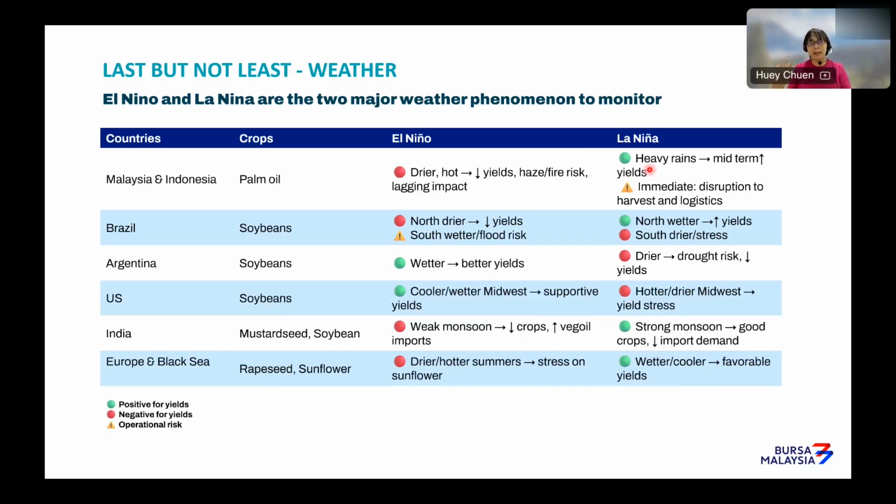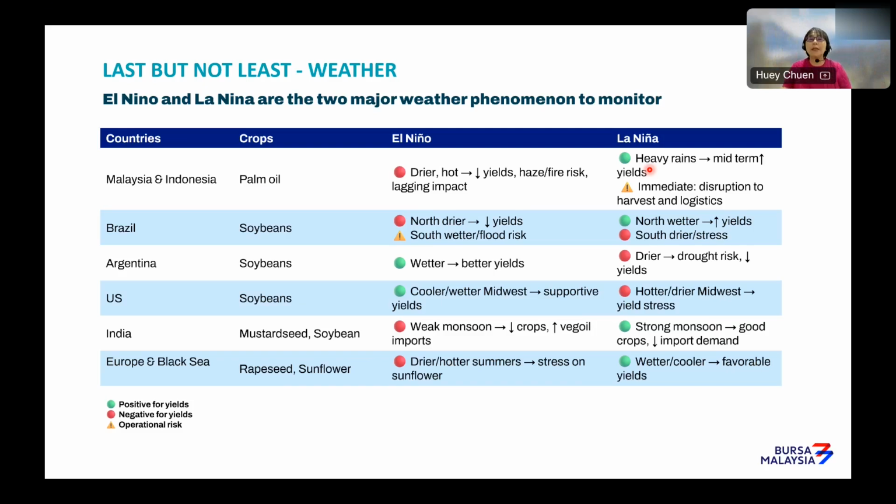In Canada, they call it canola, so it's rapeseed as well. So I have highlighted the risk of El Nino and La Nina, because when El Nino is dry in our part of the world, it will be wet in the US and in Argentina. And Brazil has two parts. The northern and southern are very different because Brazil is very big.